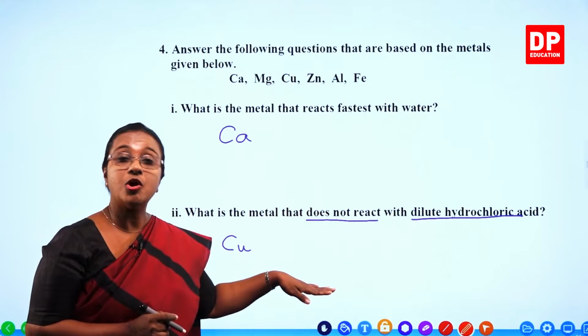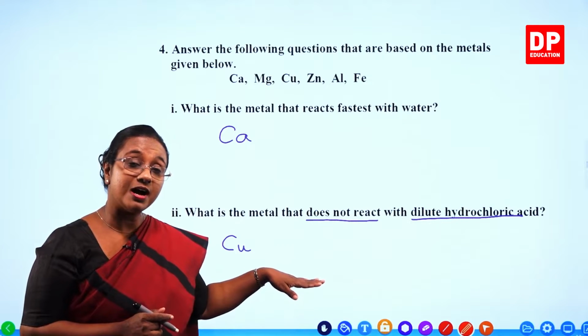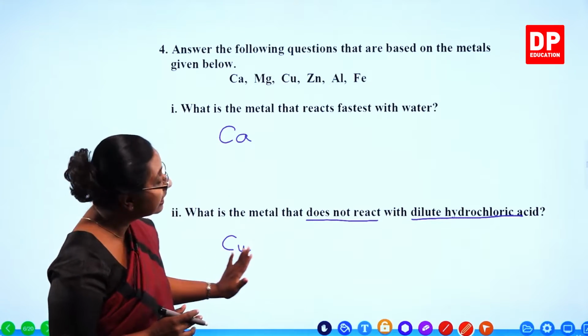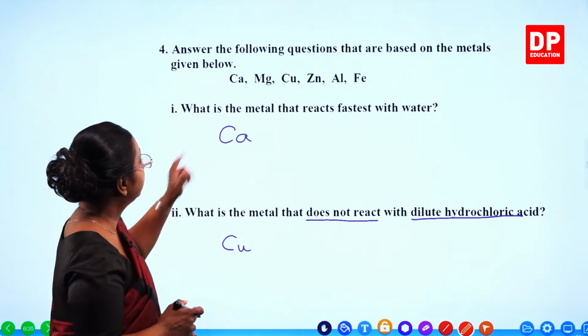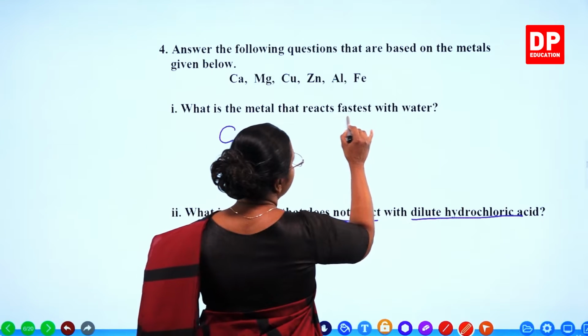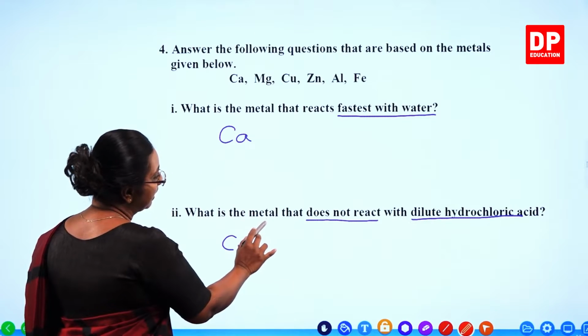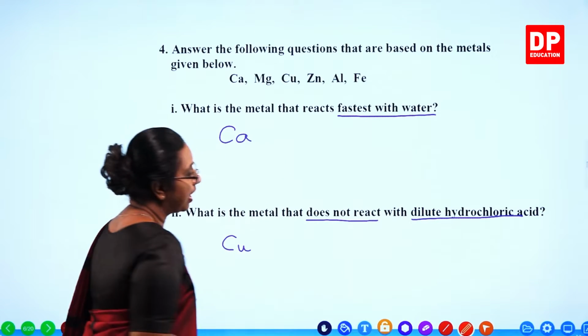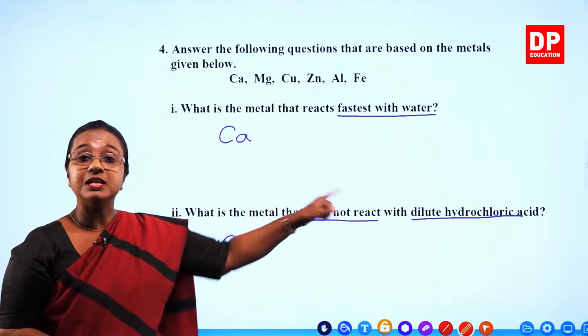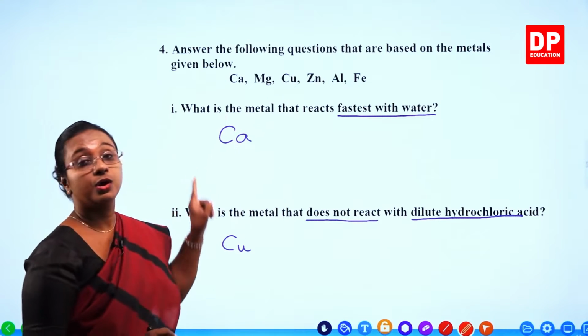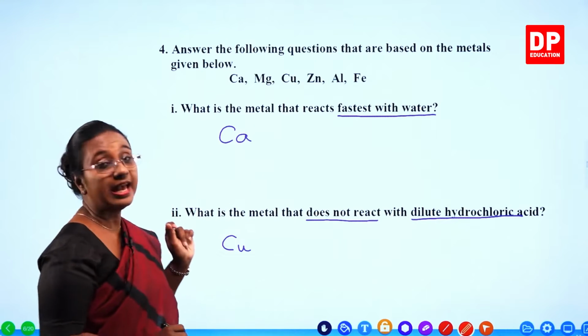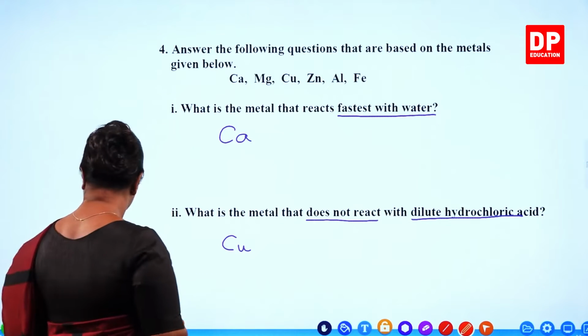I am sure you all can understand this and you would have answered them correctly. Look at the question carefully. The first one, the metal that reacts fastest with water, is calcium, and the metal that does not react with dilute hydrochloric acid is copper. Then we will move on to the next part.